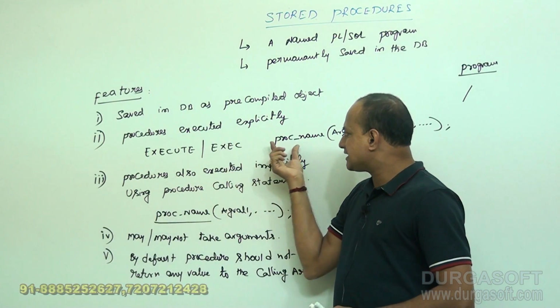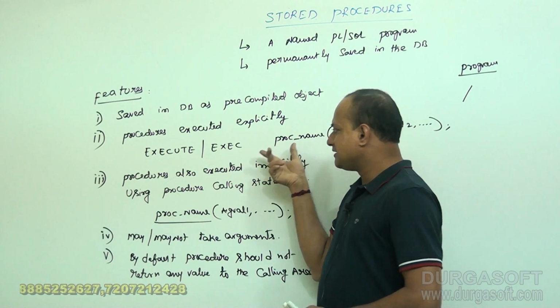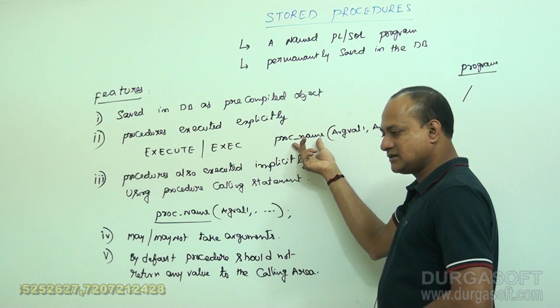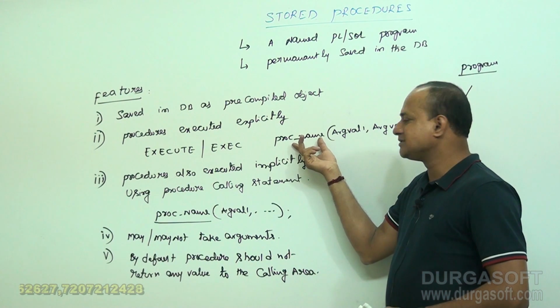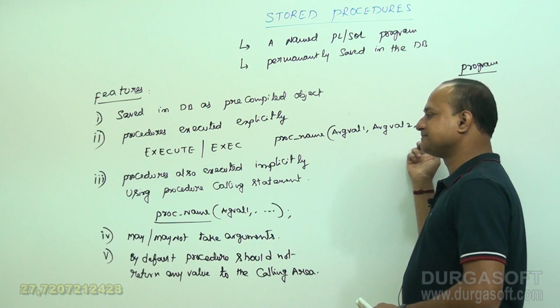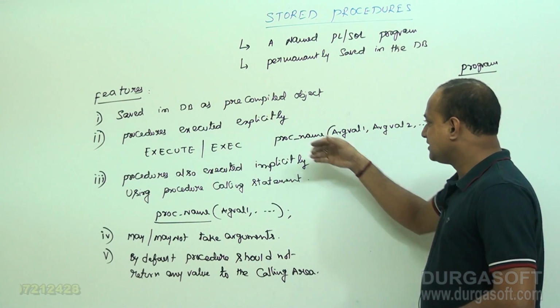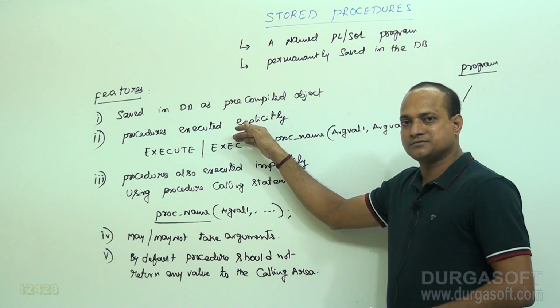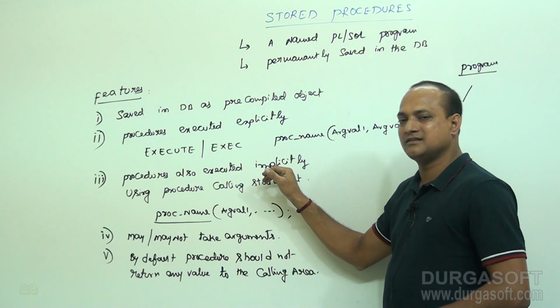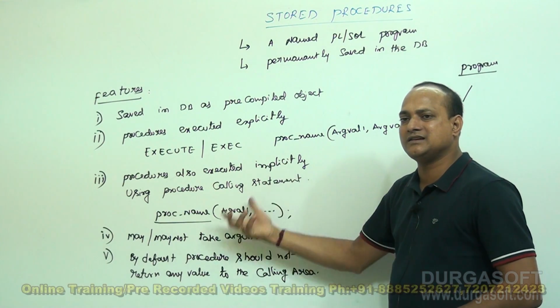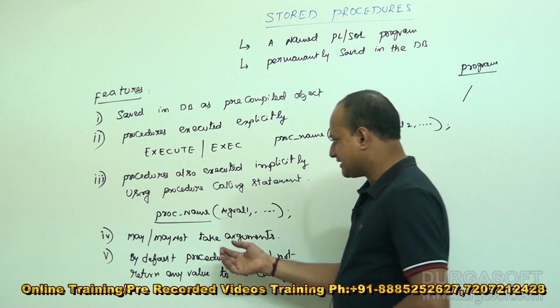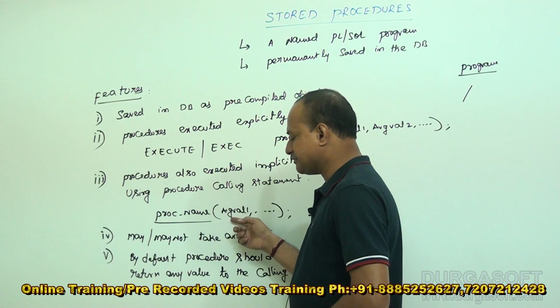Whenever you are executing a procedure, if it is expecting runtime input values, pass the values here. This is the execution statement. You can also execute procedures implicitly. How can I automatically execute a procedure? By writing a procedure calling statement.